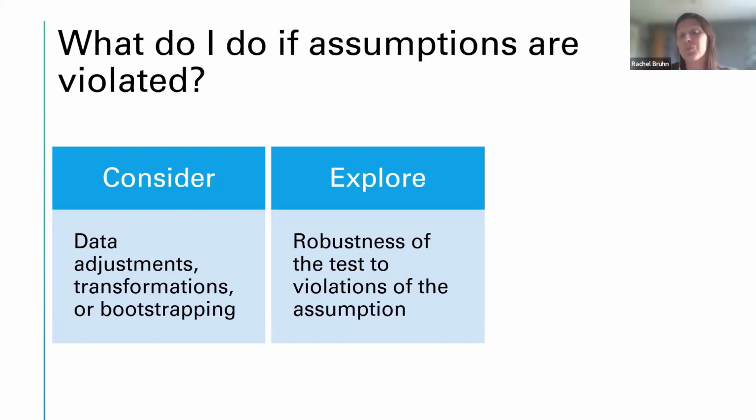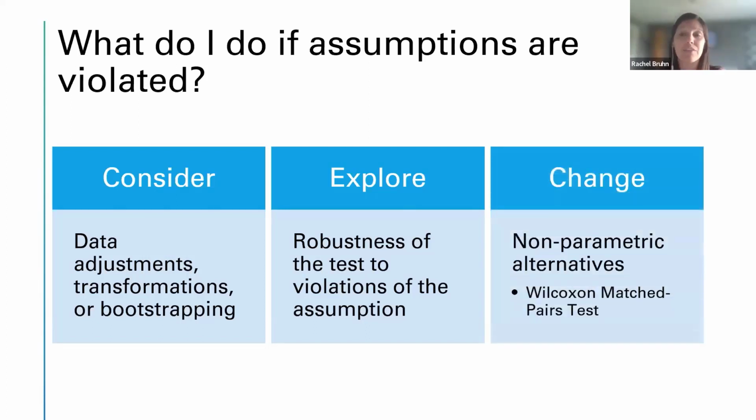It's up to you, the researcher, to determine, is the violation severe enough that I can't proceed, or not severe enough that I can say that we can still proceed? And that's a call that you'll make based on your review of the literature and what it says about how to handle it. The other is that you could just change the test.